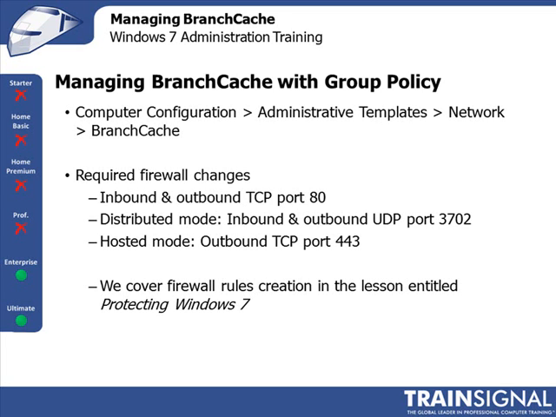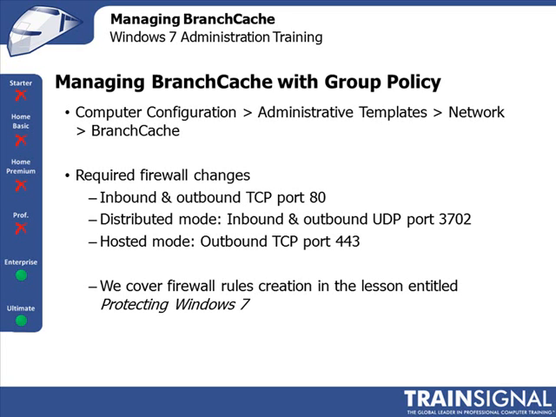And those settings will help you enable BranchCache in different modes for use on the network and to enable the BranchCache service locally. The BranchCache service is disabled by default on a Windows 7 machine, so you actually have to proactively enable that service in order to be able to use its features.